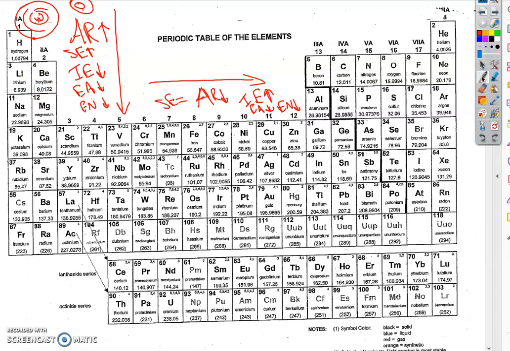Take these out so it doesn't confuse us for the next problem. All right, which is larger? It says calcium or calcium with a +2 charge, and it wants to know which of these two is larger. Now, calcium, if it's neutral, has 20 protons and 20 electrons. For a +2 charge, the protons don't change, but it lost 2 electrons.